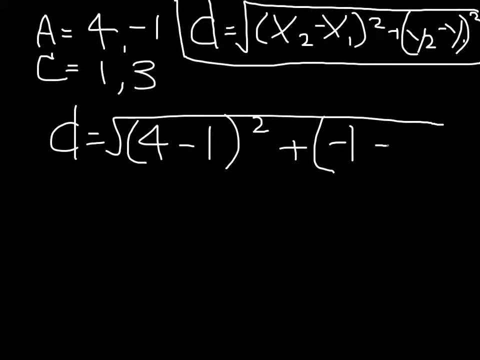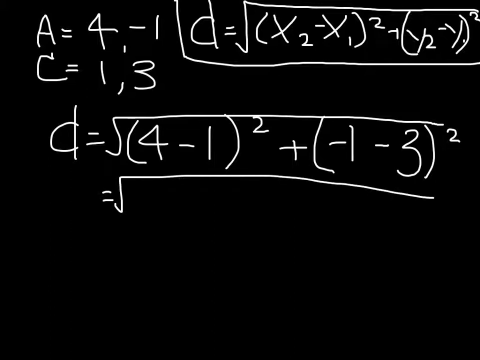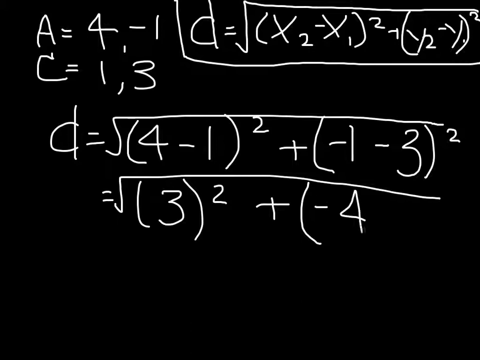So, minus 3 squared. And now once you have that, 4 minus 1 is 3 squared plus negative 1 minus 3 is, same thing, add and keep, so that's negative 4 squared.